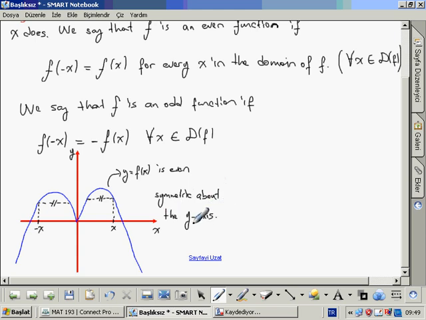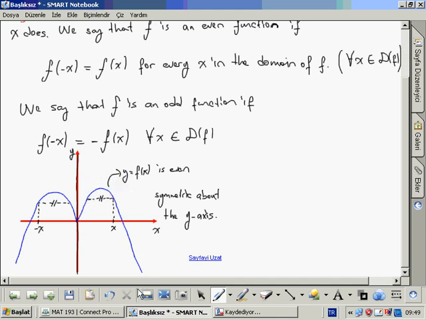As you see, this function is symmetric about the y-axis, and the symmetric of this blue curve, you can find on the right-hand side of the y-axis in the same way.